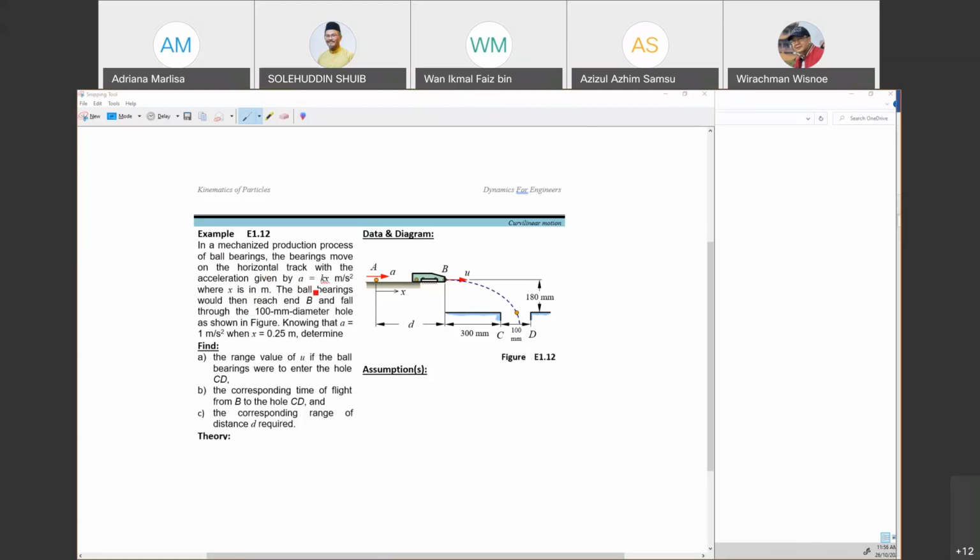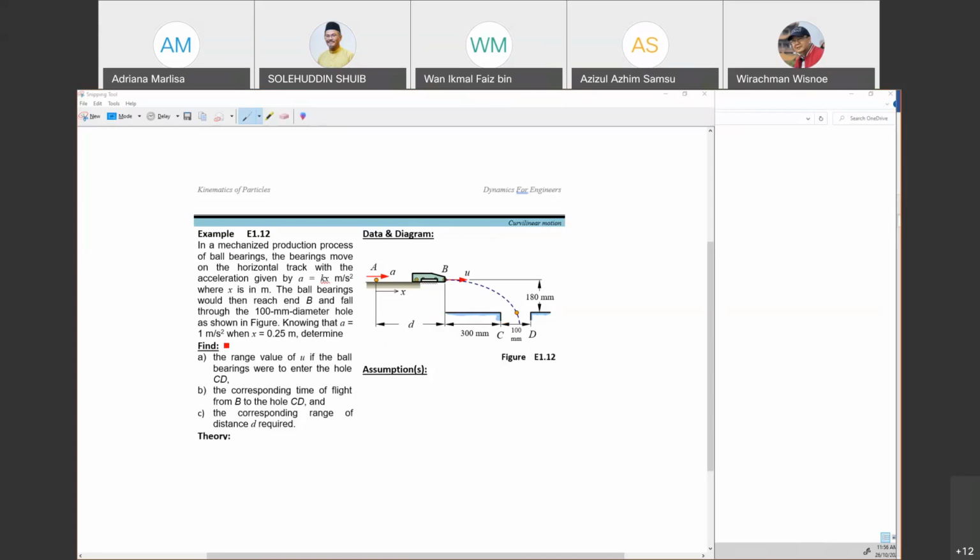The ball bearing would then reach B and fall through a 100 millimeter diameter hole.